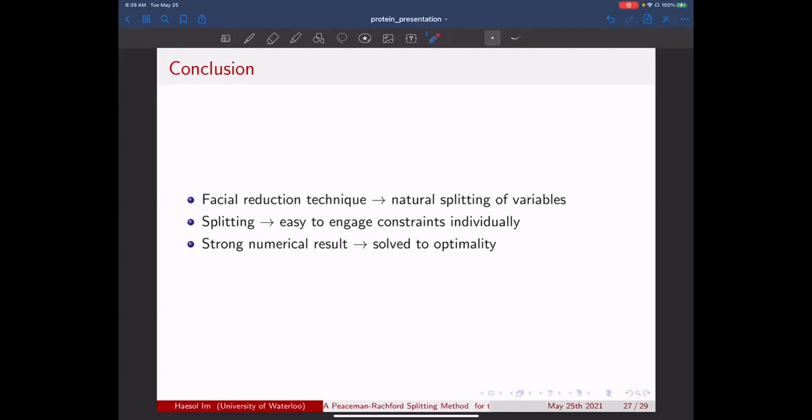Considering these two constraints at the same time is a headache. So we efficiently separated these hard-to-engage-at-the-same-time constraints and made our lives a lot easier. We also obtained a very strong numerical result. We solved the NP-hard problem essentially to optimality in a relaxation.